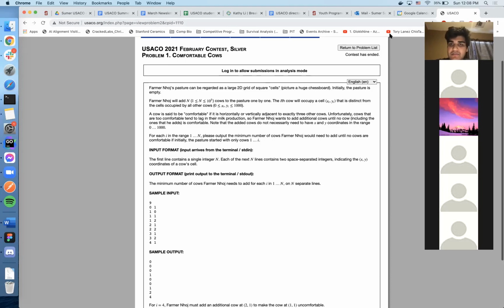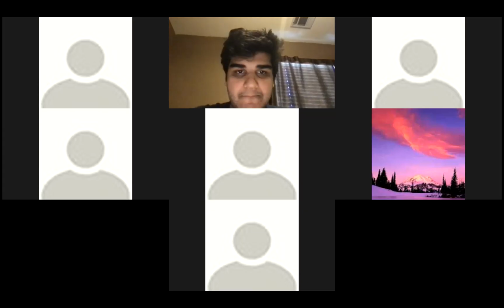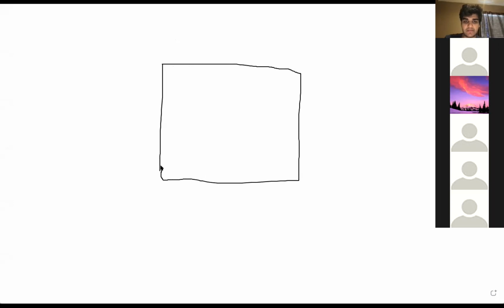Let me pull up the whiteboard. So essentially, we're given this grid, and cows will be placed in each cell.